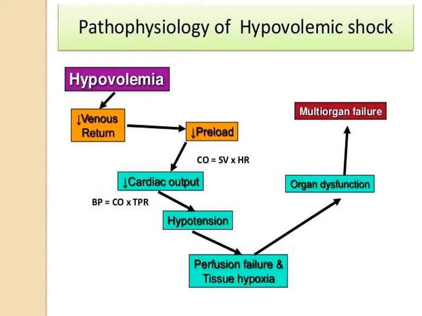This hypotensive condition due to hypovolemia is finally responsible for perfusion failure and tissue hypoxia. There is less supply of oxygen to the tissue. This condition fails to fulfill the biological oxygen demands.